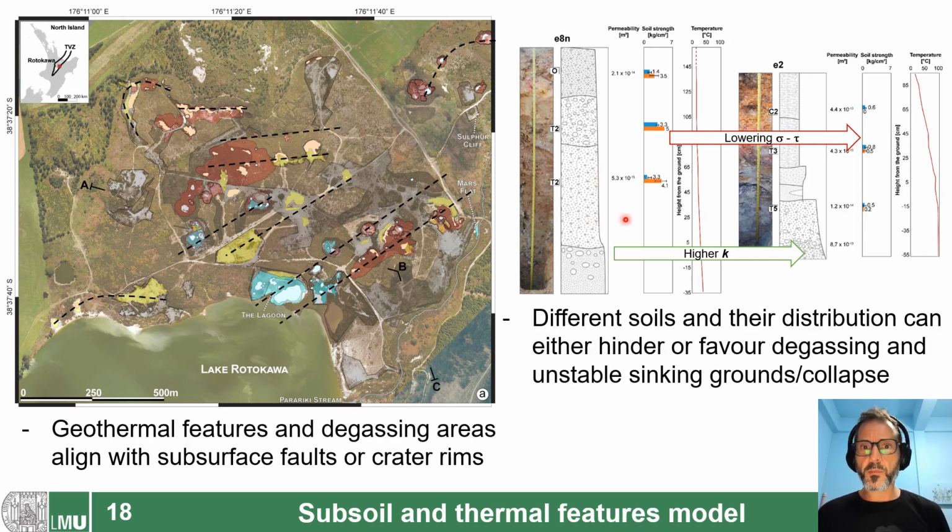In contrast, the permeable pumice-rich layers facilitate rapid fluid migration. In this example here, we can see that the presence of porous layers, porous materials, allows fluids to quickly rise close to the surface.